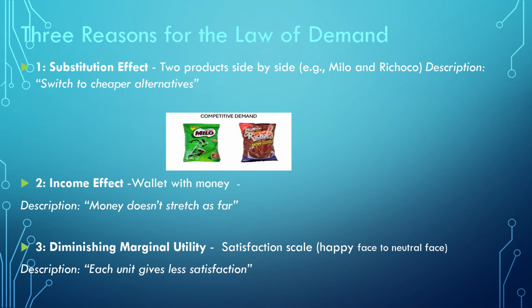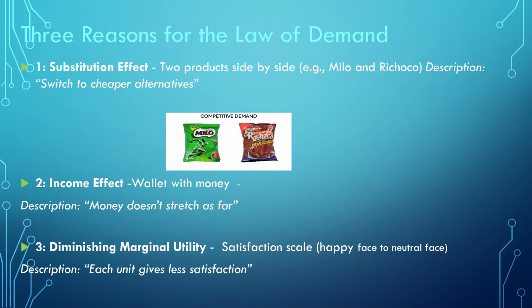And the last one on the list is diminishing marginal utility. This is a bit more complex, but here is the idea. The satisfaction you get from each additional unit of a good decreases as you consume more. Think about gari.